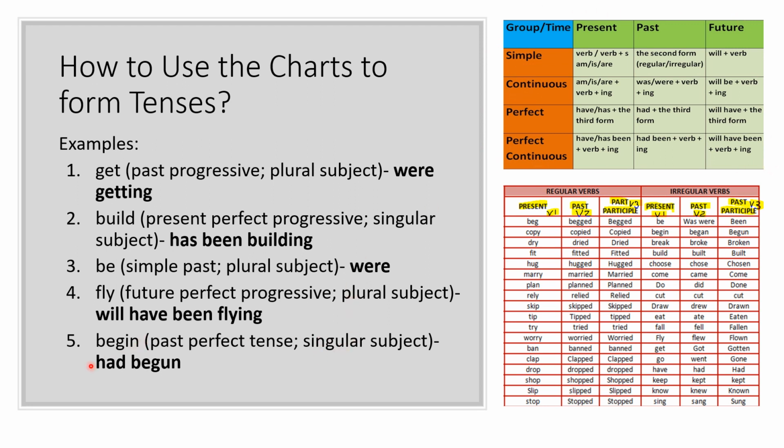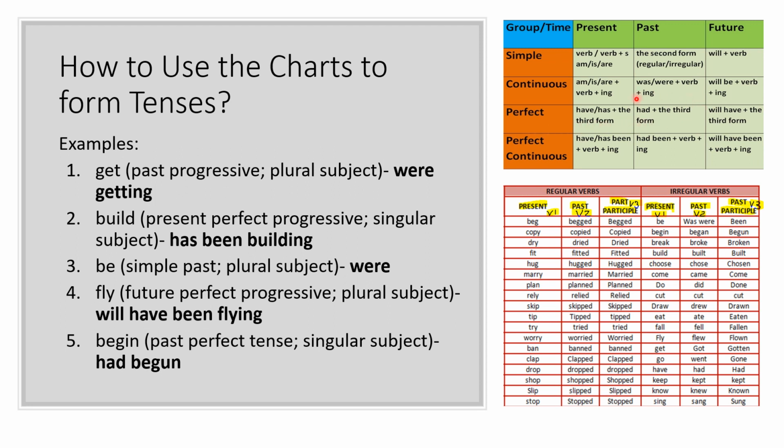Next, last item. Supposing that your verb is begin and you are supposed to transform it into its past perfect tense. And it says here that your subject is singular. Let's see if this one is supposed to be taken seriously as well. Okay, let's look at the chart. Past perfect tense.